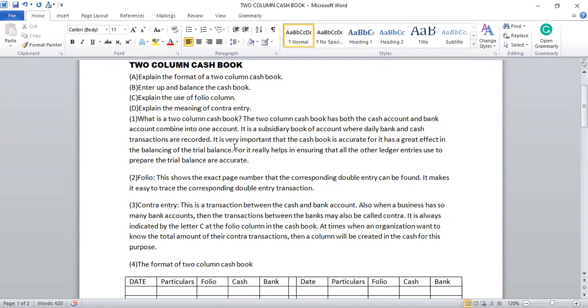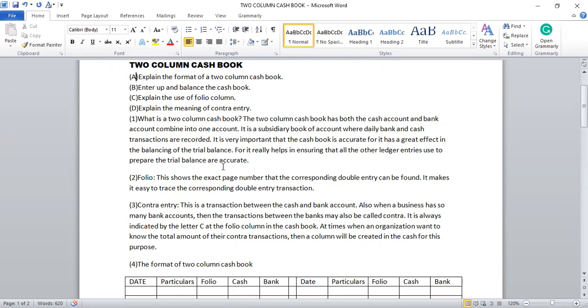It is very important that the cash book is accurate, for it has a great effect on the balancing of the trial balance. It helps in ensuring that all the other ledger entries used to prepare the trial balance are accurate.